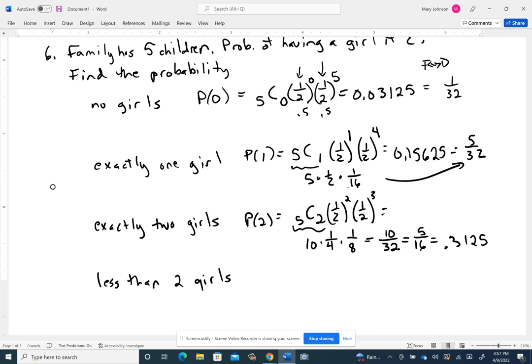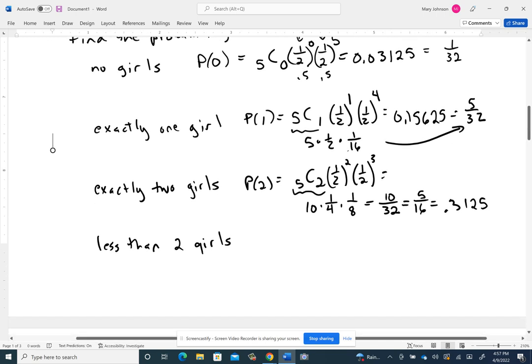All right, now here's a tricky one. Okay, the probability of getting less than 2 girls is not just P of 2. See, that formula only works when you have exactly this number. Okay, exactly that number of successes. So what you have to do if you want the probability of less than 2 girls would be no girls or 1 girl, but you can't even have 2 girls.